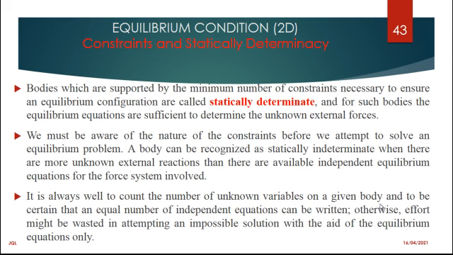This simply means we need to have an equal or lesser number of unknowns, that is, 3 unknowns or less. If we have more than 3 unknowns, then that system will be called statically indeterminate. You can't solve that problem simply by using the 3 basic equations of equilibrium.